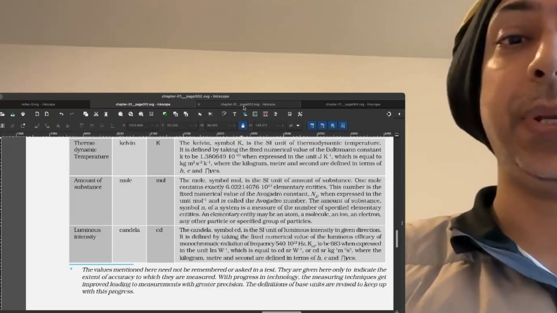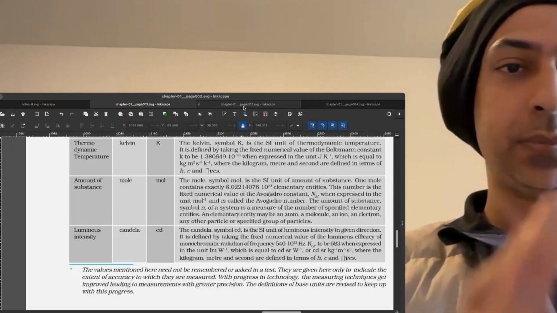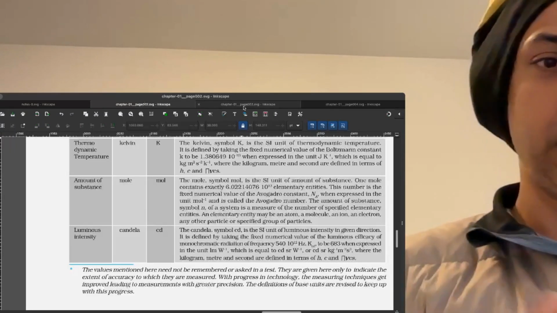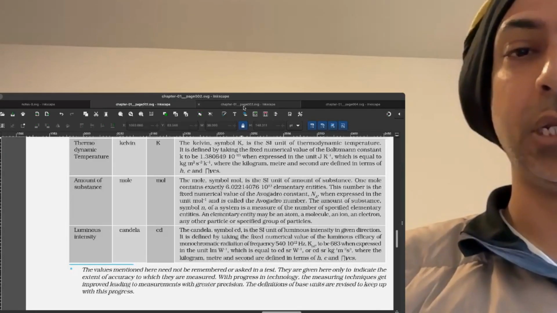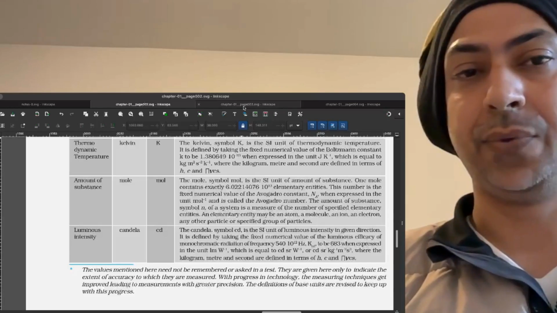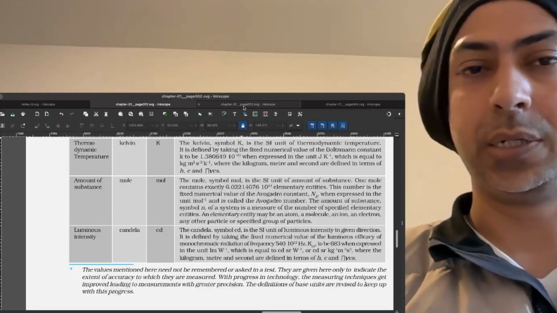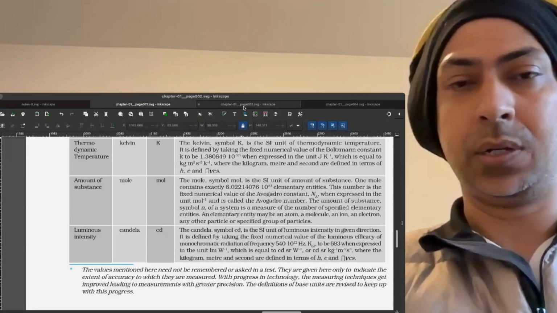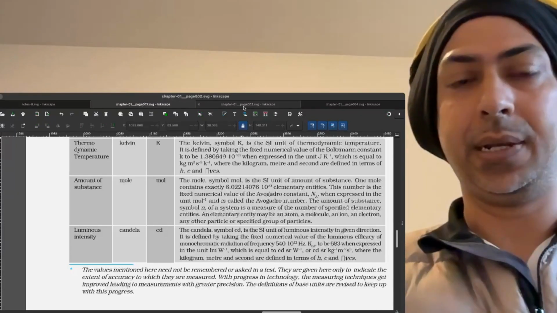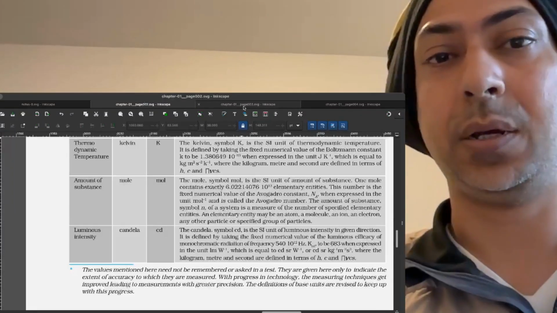So if we say the period of oscillation of a simple pendulum is 1.62 seconds. We'll learn about what a period of oscillation is, but for now, if a pendulum starts from here, goes like this, and comes back here, that's one time period for that pendulum.